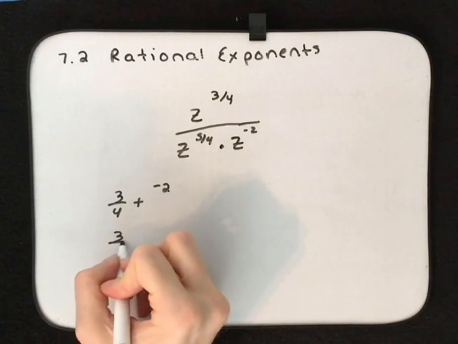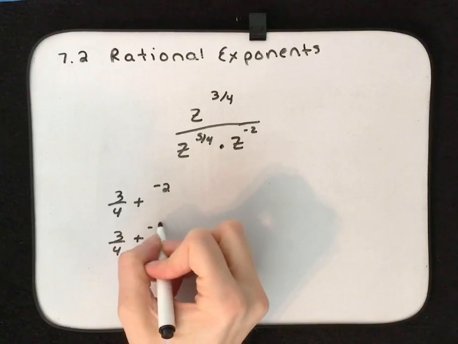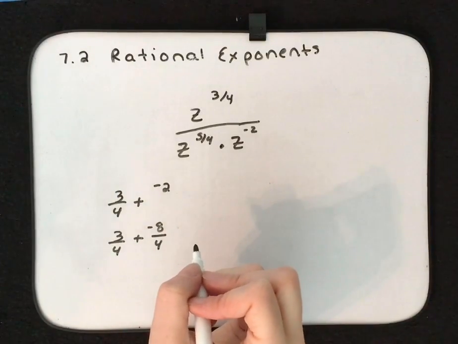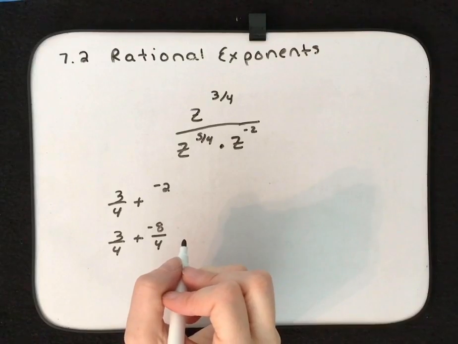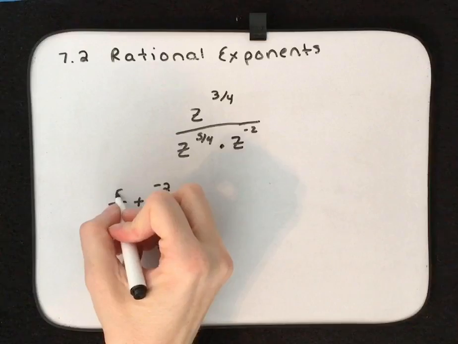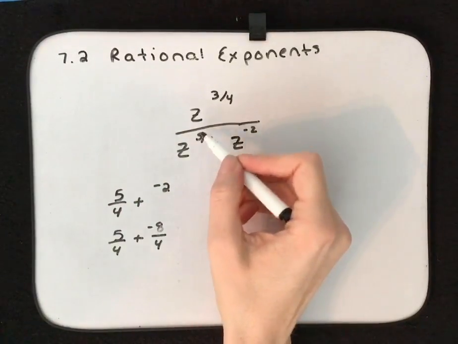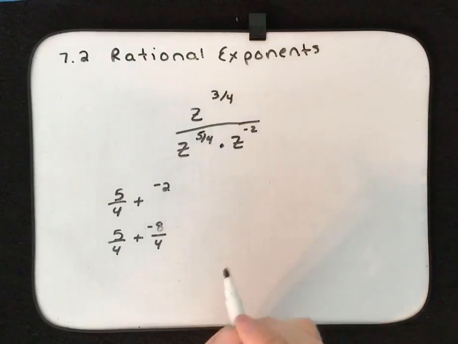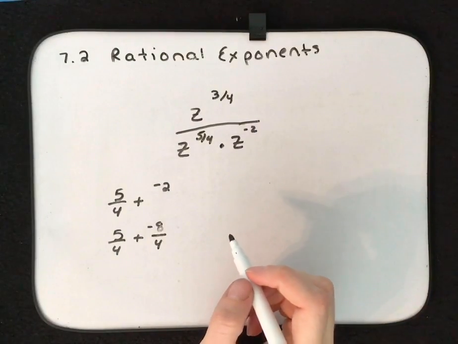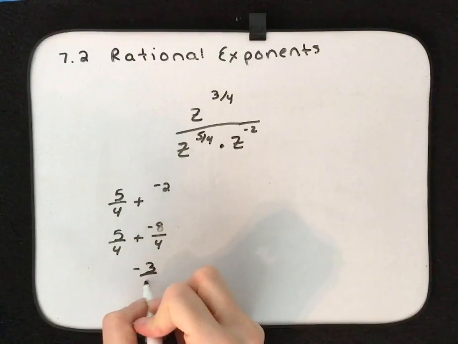If I need a common denominator, I need a denominator of fourths, so negative 8/4. Oops, it was 5/4. Let's fix that. See, from right here, that's a 5. There we go. So now we have 5/4 plus negative 8/4, which gives us negative 3/4.